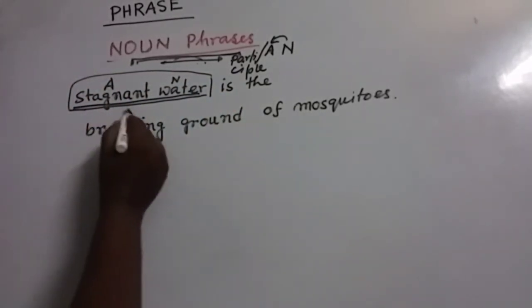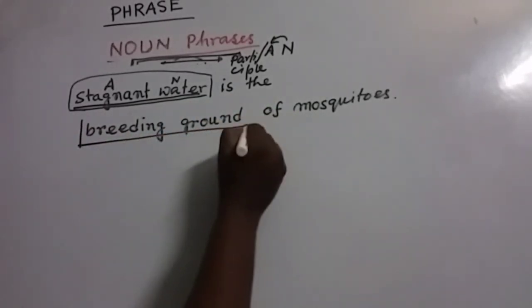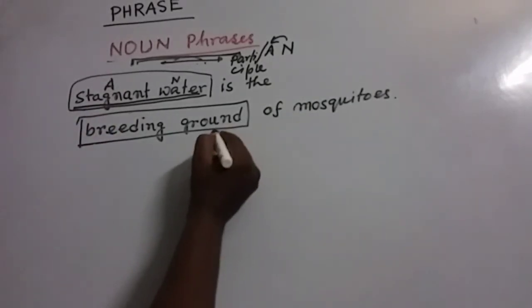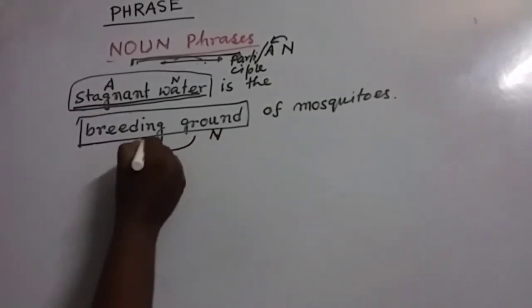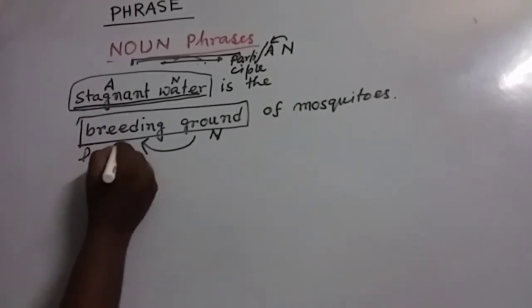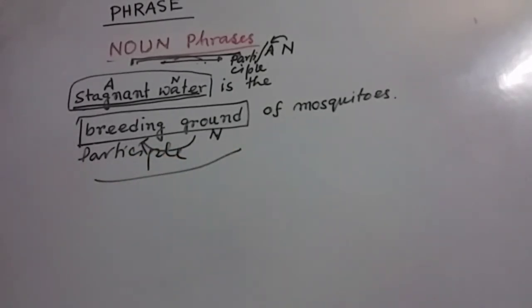Again, you can see, stagnant water is the breeding ground of mosquitoes. So, breeding ground, look at this one. This is the noun, and before that we have used one participle. A participle is also an adjective. So we are using the participle or the adjective before the noun and we are making it a noun phrase.